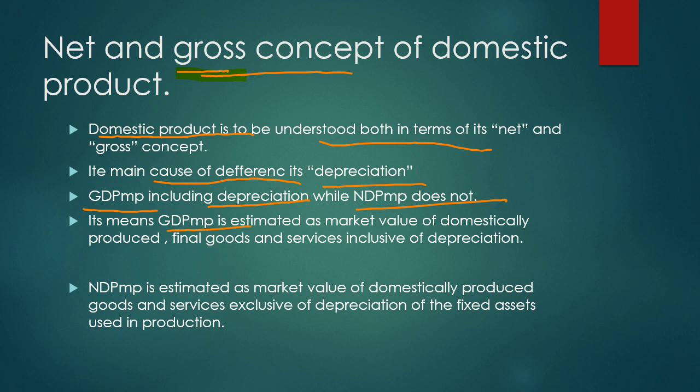GDP at market price is estimated as the market value of domestically produced final goods and services inclusive of depreciation. NDP at market price is estimated as the market value of domestically produced final goods and services exclusive of depreciation.